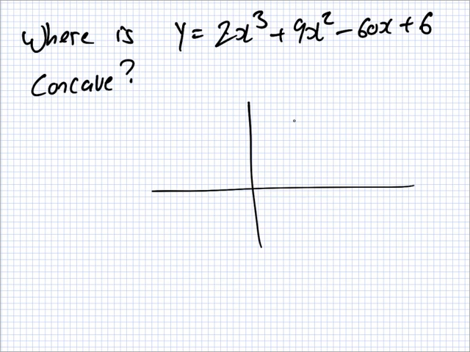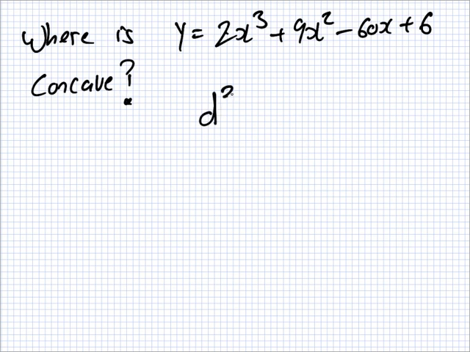What could I take as a starting point to get me going? If I want it to be concave, I'm looking for where this is negative. So if I can figure out where the second derivative is negative, I've figured out where it is concave.